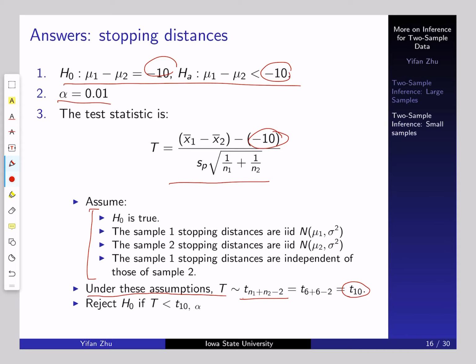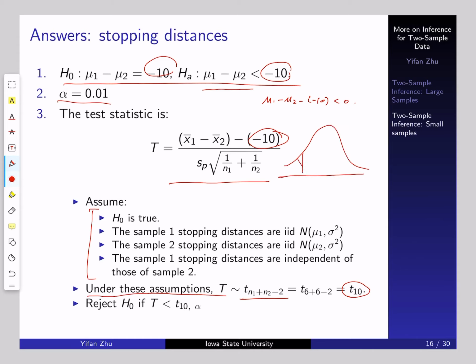And since the alternative hypothesis is mu1 minus mu2 is less than -10, this is the same as mu1 minus mu2 minus negative 10 is less than 0.